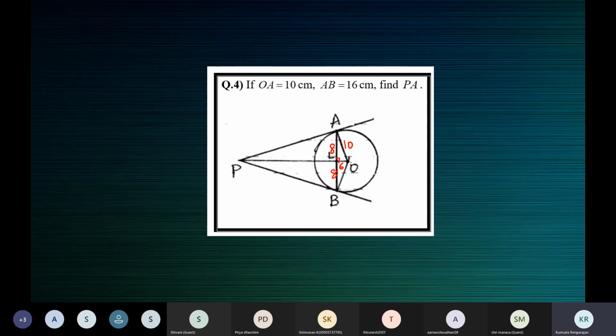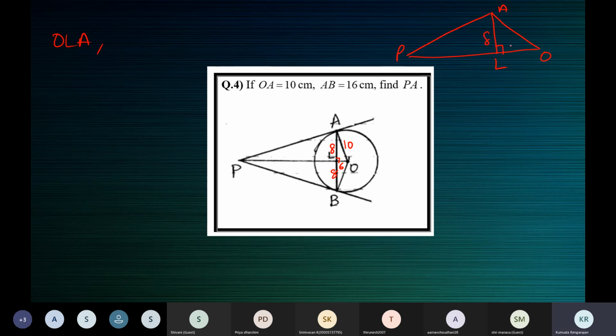That's it. Now to find the length of PA, we need to use similarity. Take up that small triangle OLA, and see the figure is like this. I'll show you only one part of it. See here, there's A here, there's L here, there's O here, and there is P here. And there is 90 here.